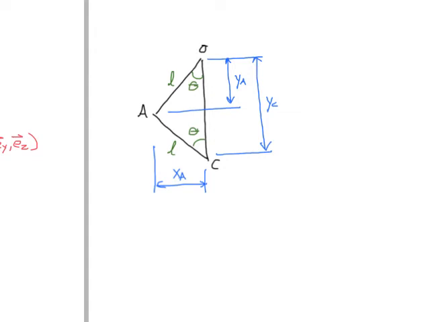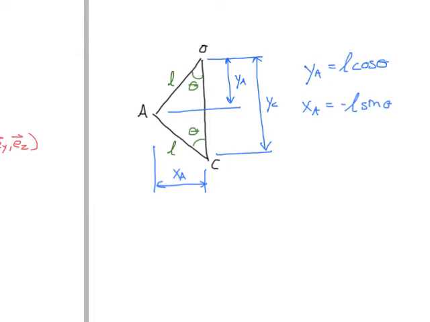And so we relate theta to these new dimensions in that YA is equal to L times cosine theta. XA is equal to negative L sine theta because this direction is in the negative direction according to our reference frame.